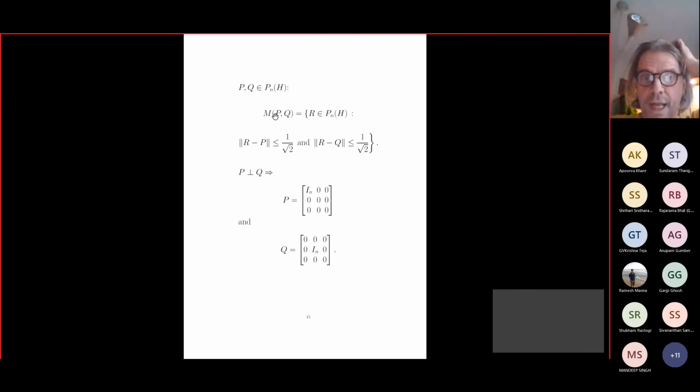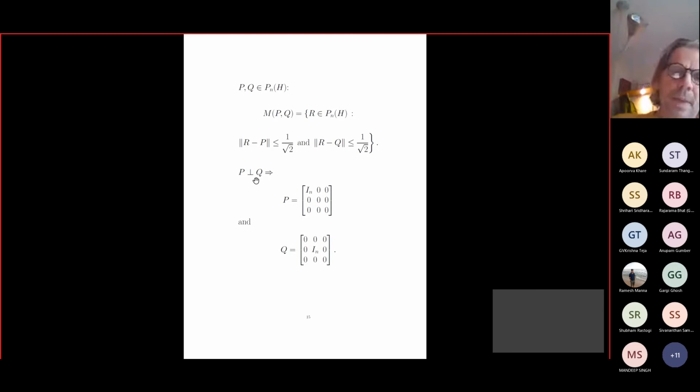We have two such projections, and then we take the set of midpoints. So what are midpoints? Midpoints are those projections of rank 5 whose distance to P is at most 1 over square root of 2, and the same for the distance to Q, it is at most 1 over square root of 2. Now assume that those two projections of rank 5 are orthogonal.